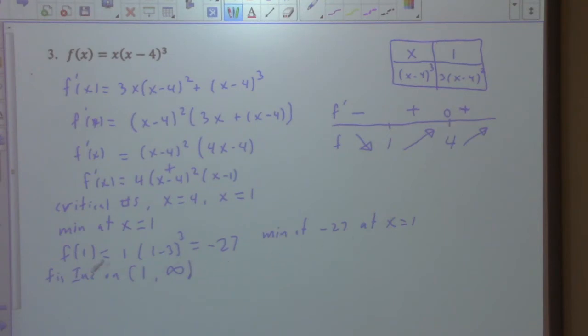Mm-hmm. But alternatively, it is permissible also, even though this is correct, and you'll see it sometimes written as 1 to 4, union 4 to infinity. So either one of these. Either one correct? To me, as a matter of technicality, I think this one here is probably logically more correct. But if this one is logically correct, can you see how this one is also logically correct too?